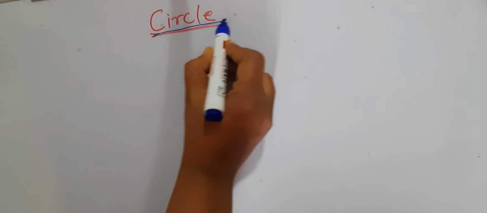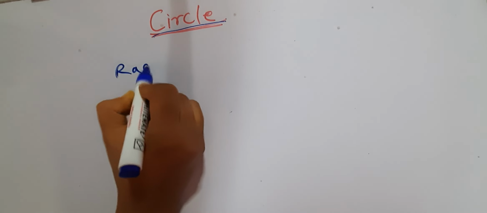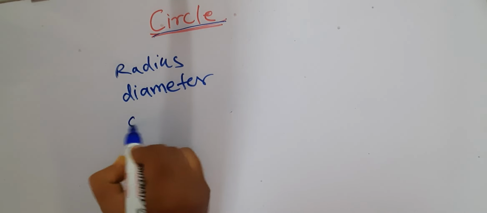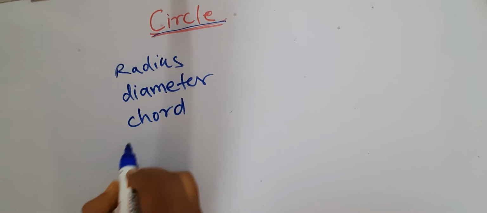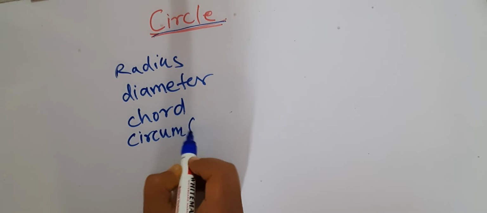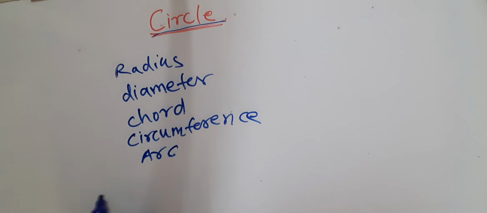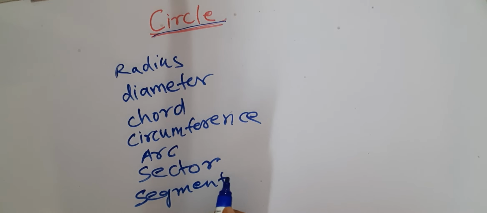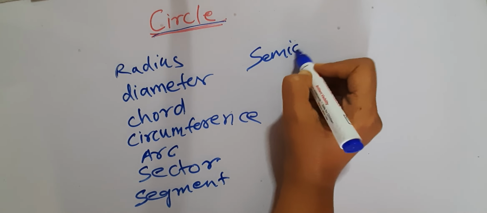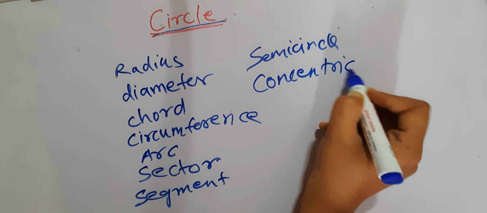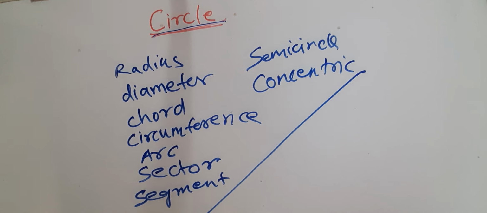Starting with, we have learned what is a circle, radius of circle, diameter of circle, chord of circle, circumference of circle, arc, then sector, segment of circle, semicircle, and concentric circle. I hope all these concepts are clear now.